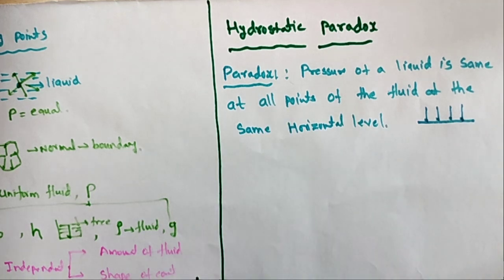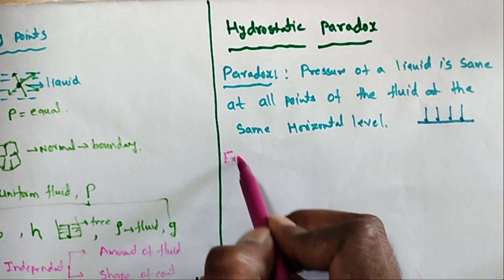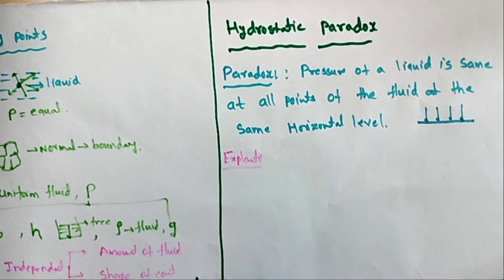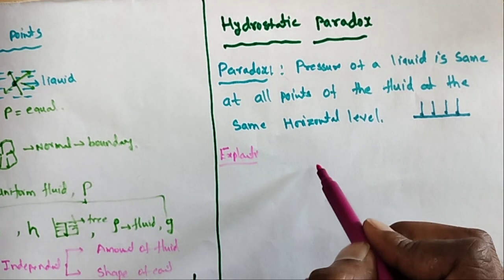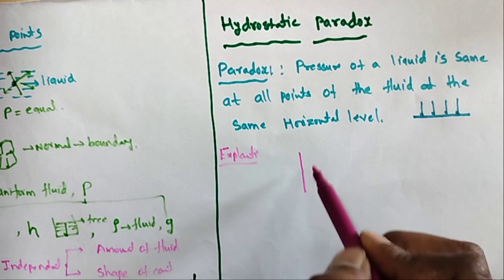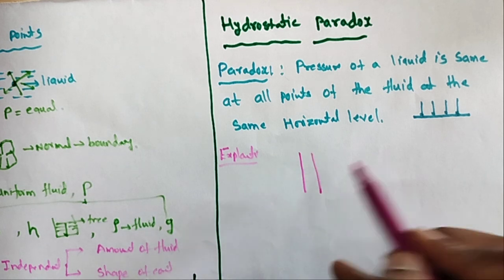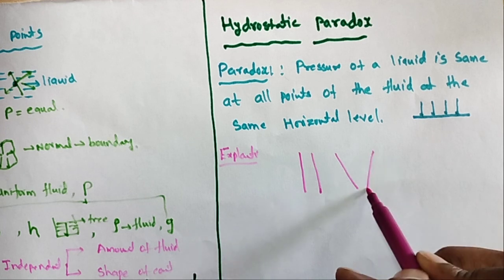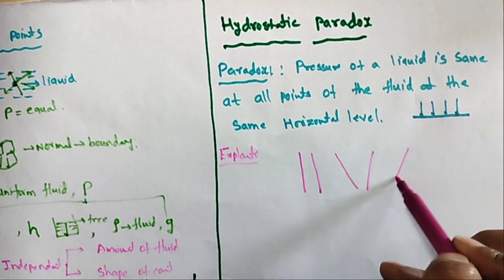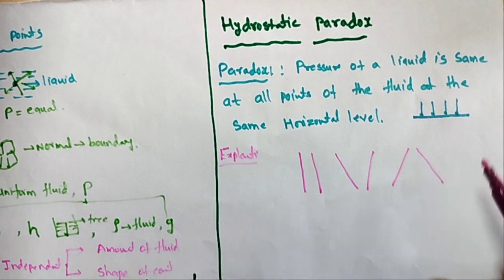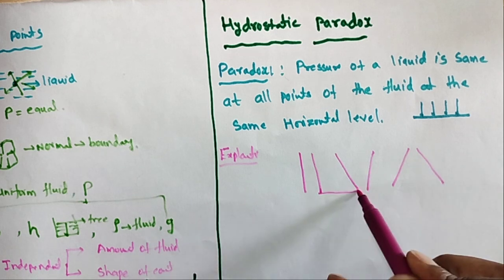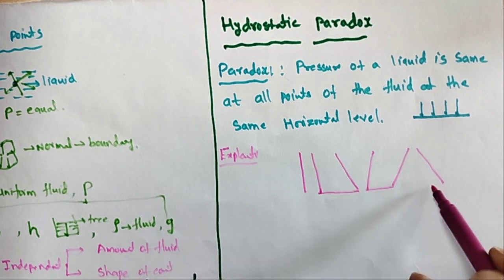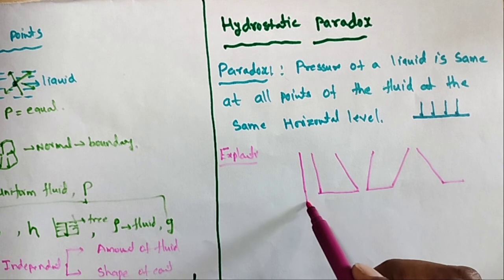Here I will give some explanation. I am taking three different vessels. This is one, here is another, and here is another, and all these vessels are connected to one pipe.